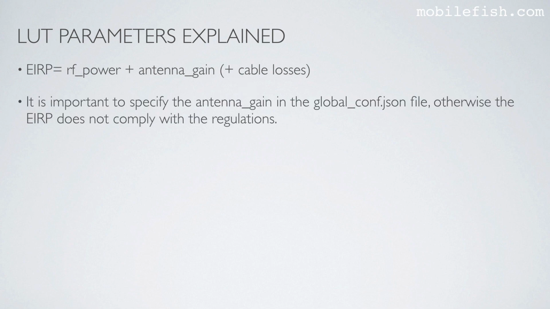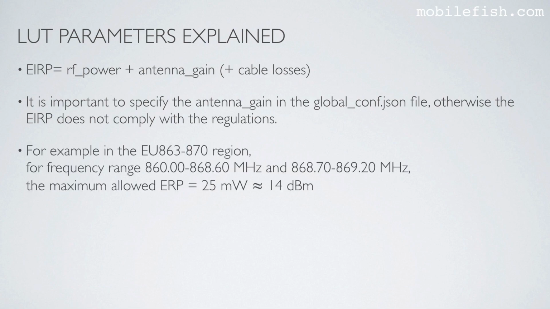It is important to specify the antenna gain in the global_conf.json file, otherwise the AERP does not comply with the regulations. For example, in the AU 863 to 870 region, for frequency range 868 to 868.60 MHz and 868.70 to 869.20 MHz, the maximum allowed ERP is 25 milliwatts, that is approximately 14 dBm.